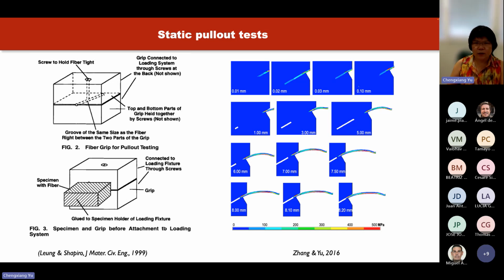It's the same methodology, the same concept, but the fibers are smooth fibers, and the test was static, because the experiment was carried out by Chris Liang and Shapiro in 1999. What you see there is the stress distribution during the process of being pulled out.